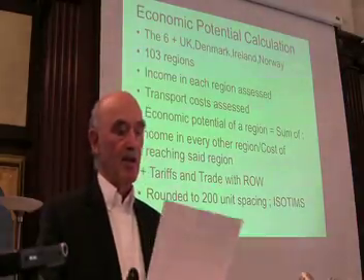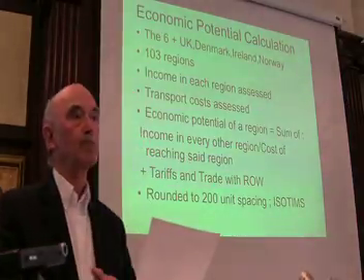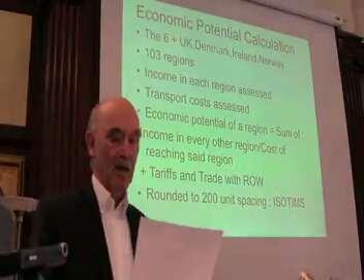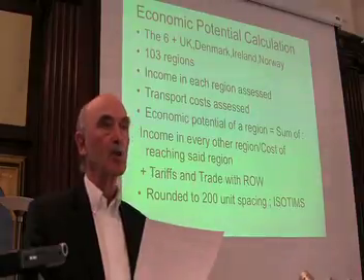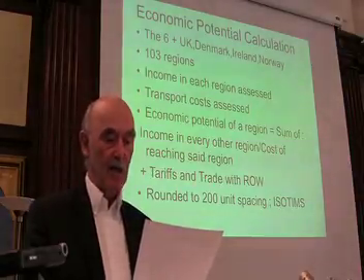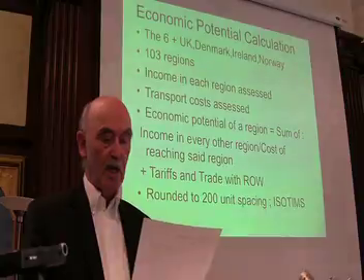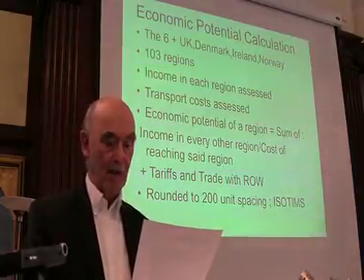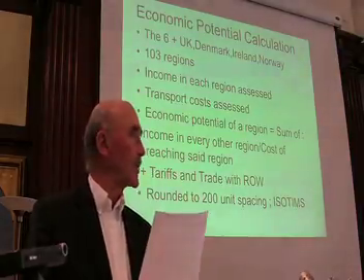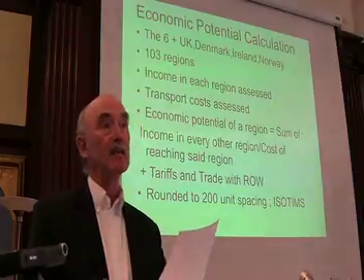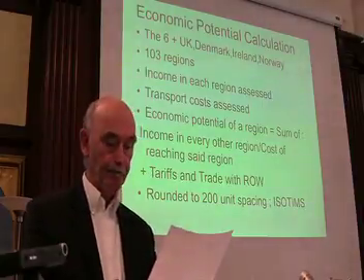So the cost was how to get your goods to all the potential markets in these 103 regions. There was a fixed cost for handling, and then road, rail and sea transport were included, but not canals. Finally, there was an allowance made for trade with the rest of the world, and of course for the pre-EEC case there were tariffs involved.